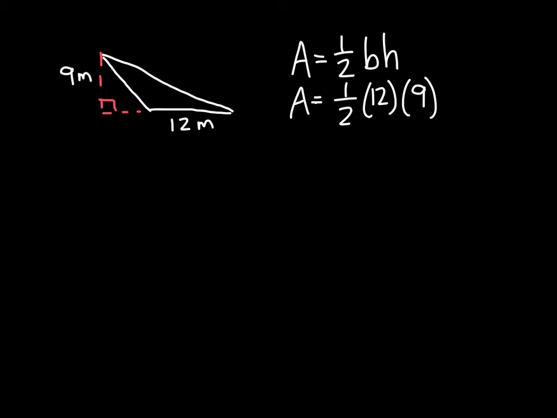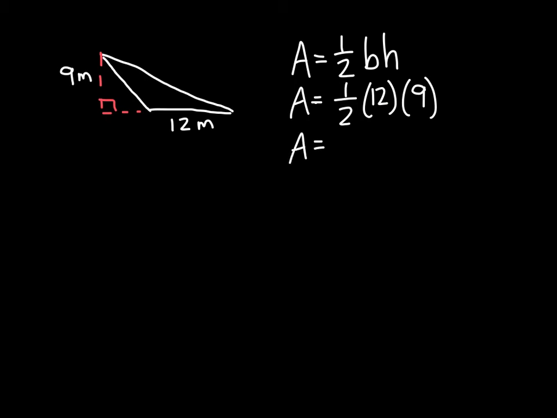Again, here we have an opportunity to solve 12 times 9 first, or we could split 12 in half right here because it's an even number. I'm going to do this one the opposite way of what I did last time.